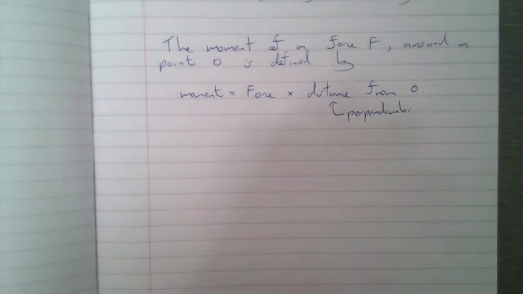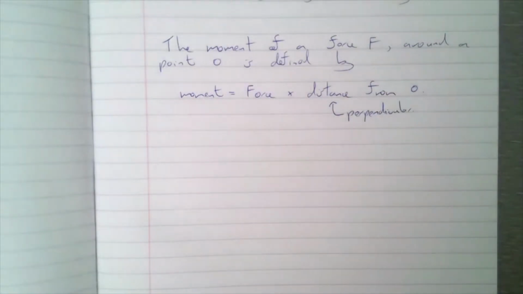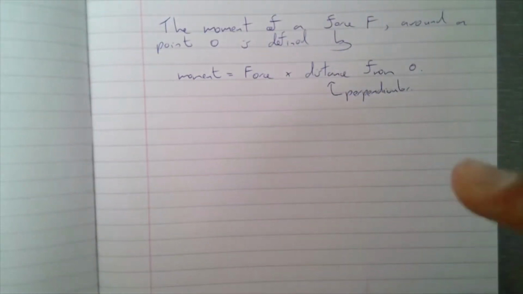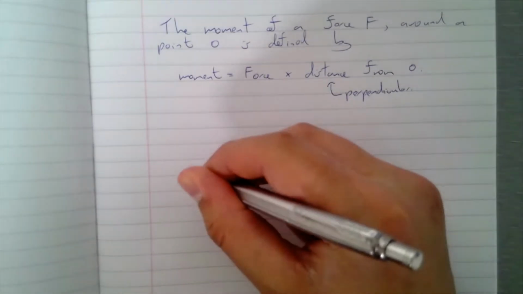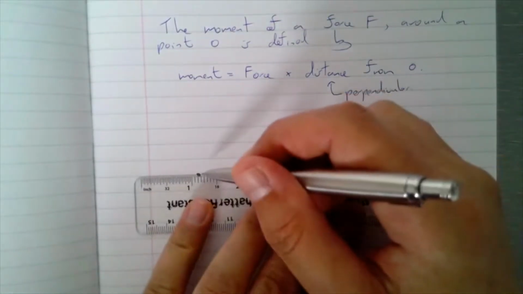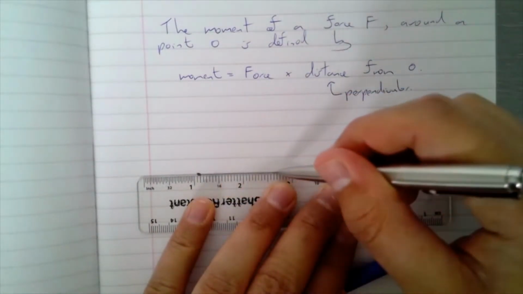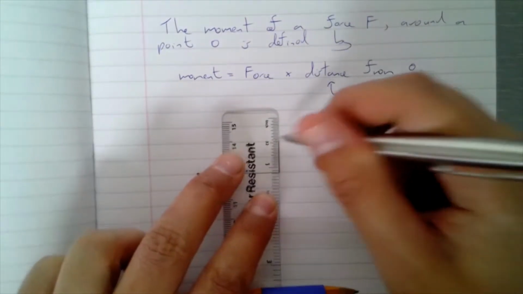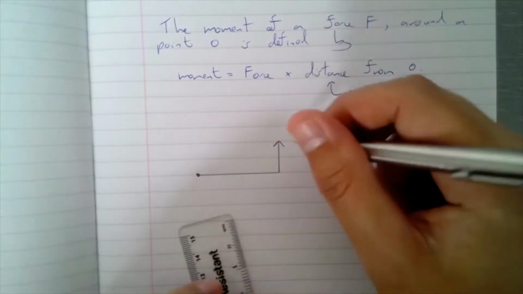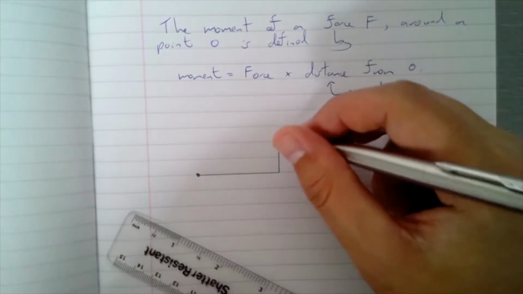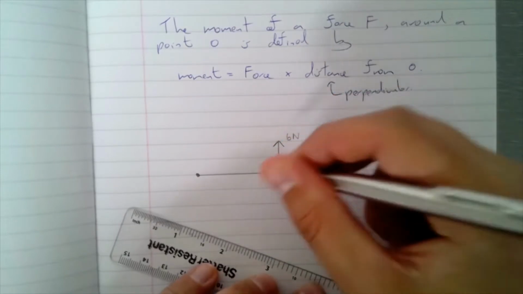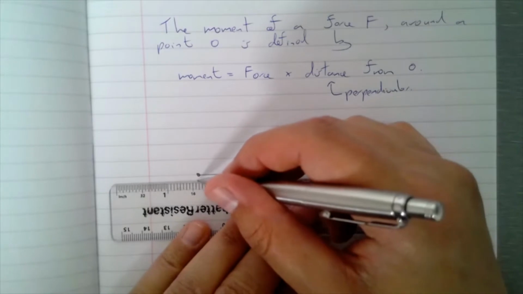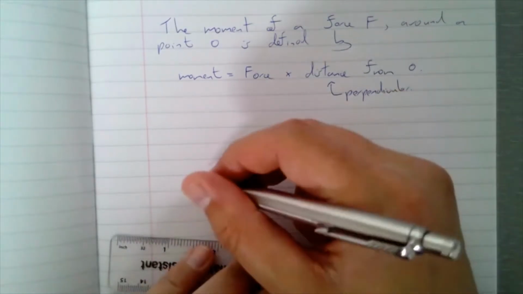So, for instance, if I had some point O and a light string, let's say the light string comes up this way, and I act a force on it going up here, and let's call that 6 newtons. It's at a right angle to the string, and let's say that this distance here is 2 meters.